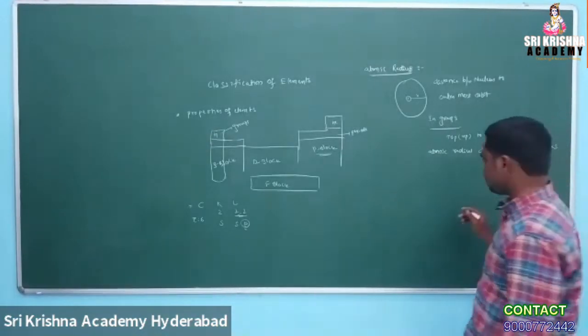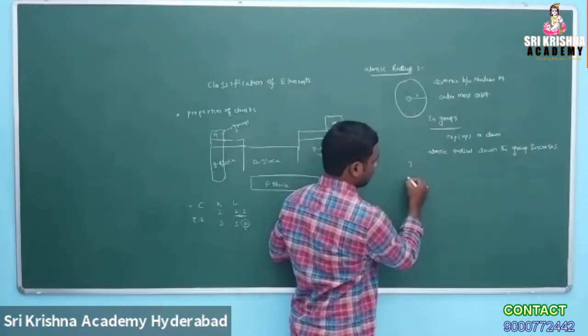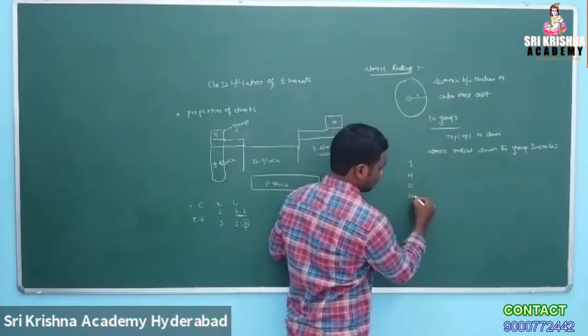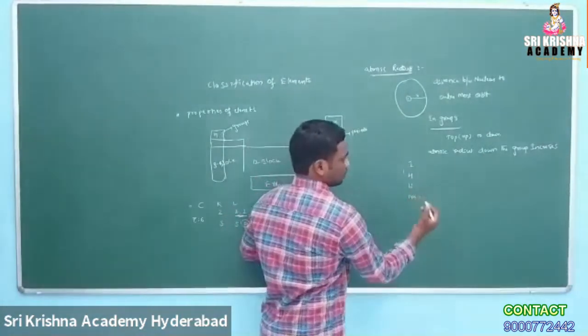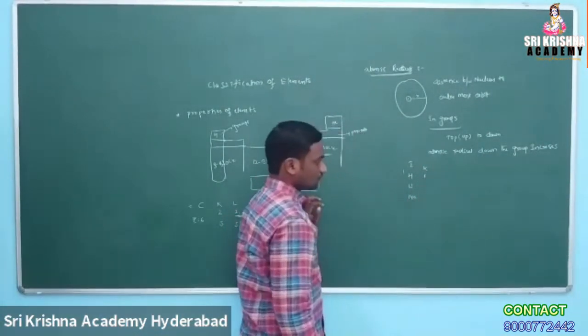Why? Suppose I take the first group: hydrogen, lithium, sodium. Hydrogen atomic number is 1, so the K shell has only 1 electron.